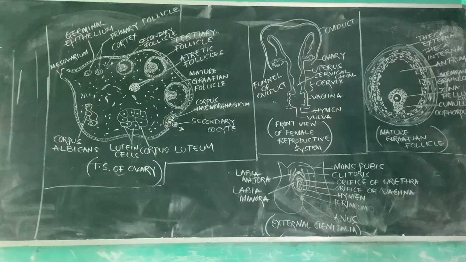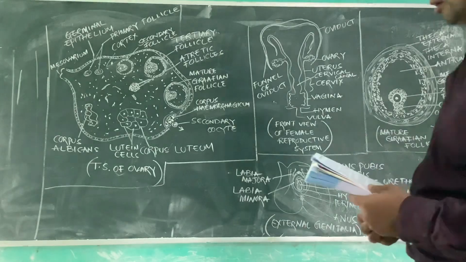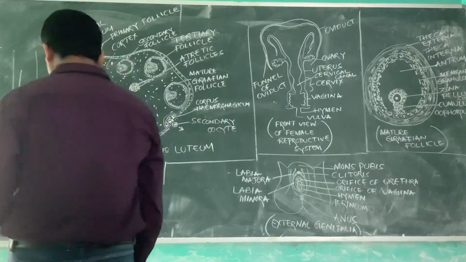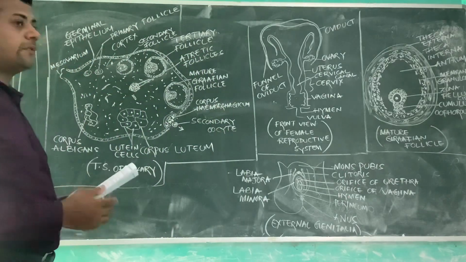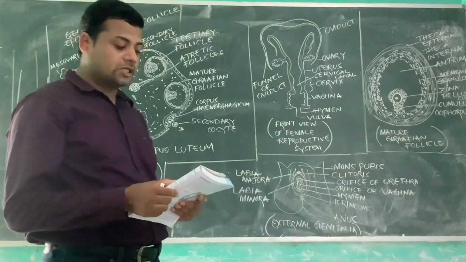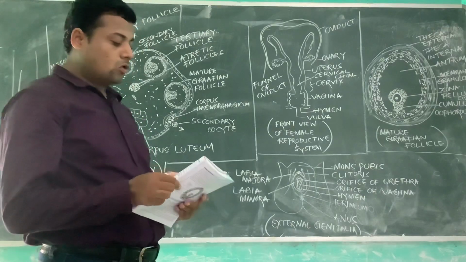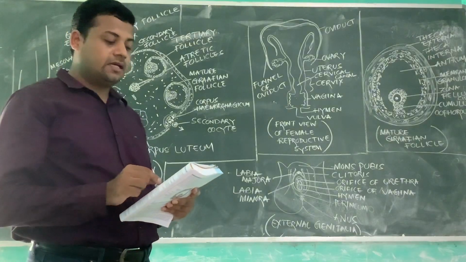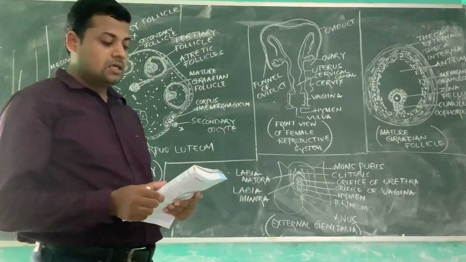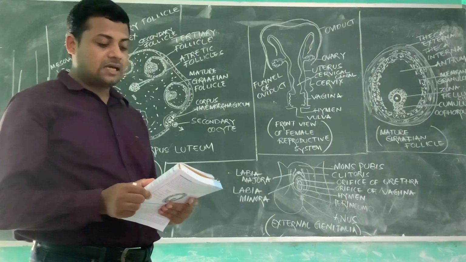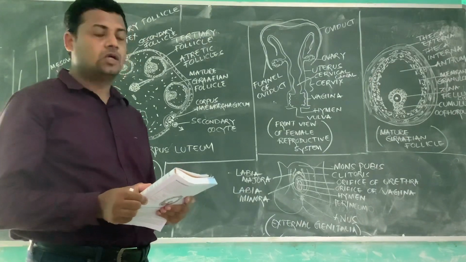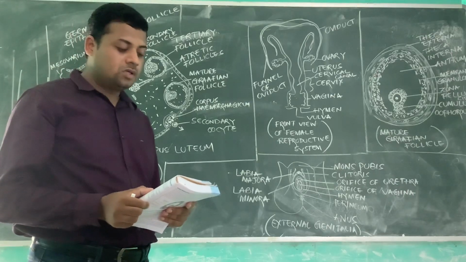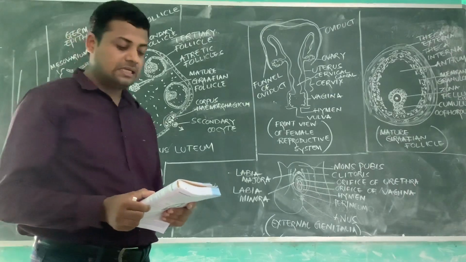Each ovary is held in position within the peritoneal cavity by several ligaments or connective tissues. The ovarian ligament anchors the ovary medially to the uterus. The suspensory ligament anchors it laterally to the pelvic wall, and the mesovarium suspends it in between.